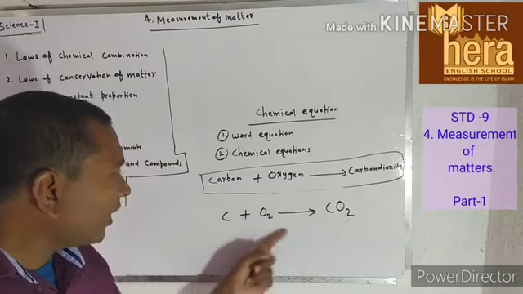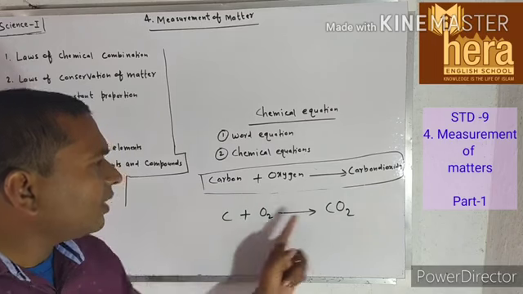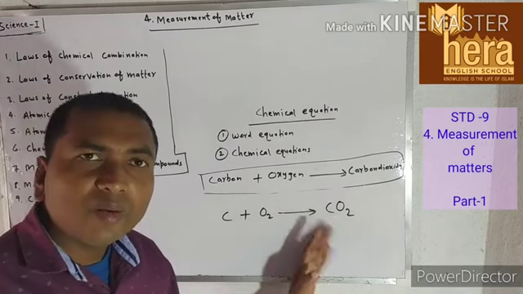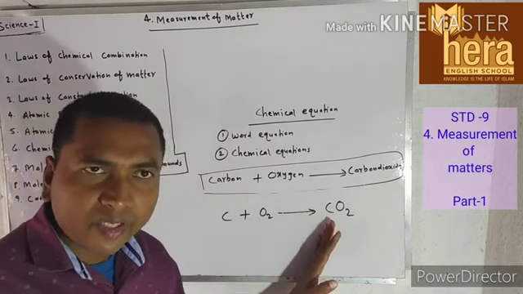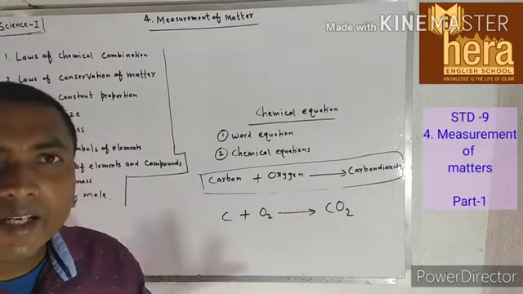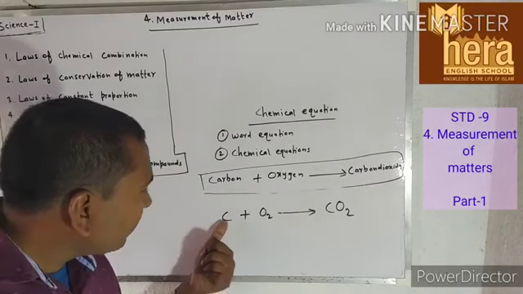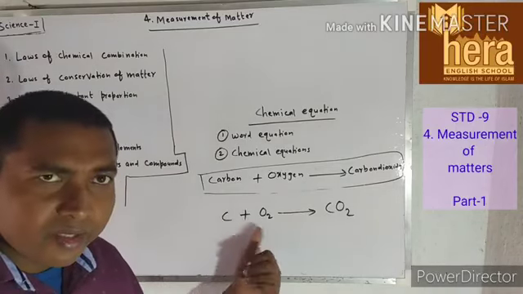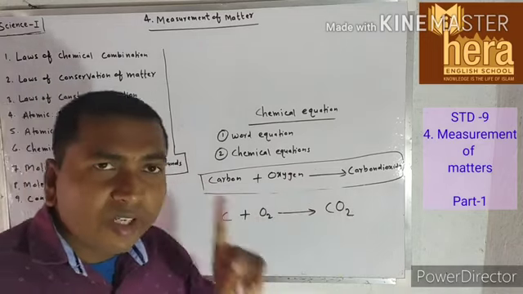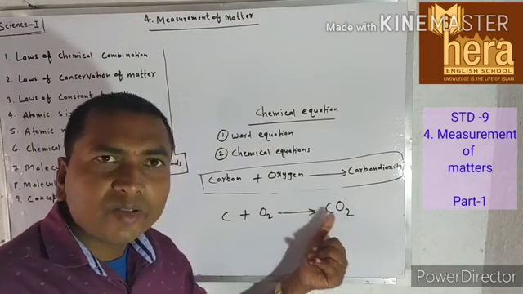Before the arrow is called reactant and after the arrow is called products. Always remember. How many reactants are there? There are two reactants, namely, first one is carbon and second one is oxygen. How many products are there? Only one product, that is carbon dioxide.